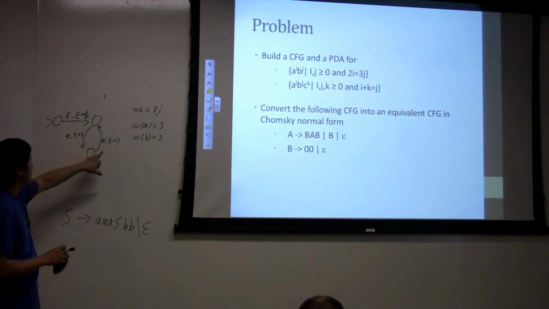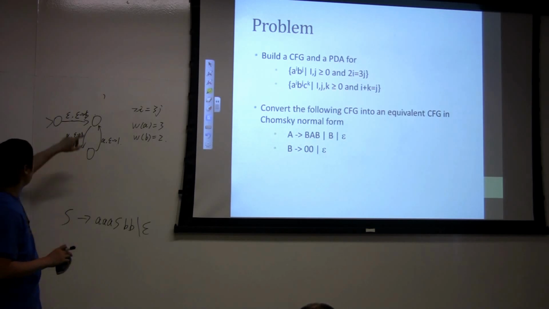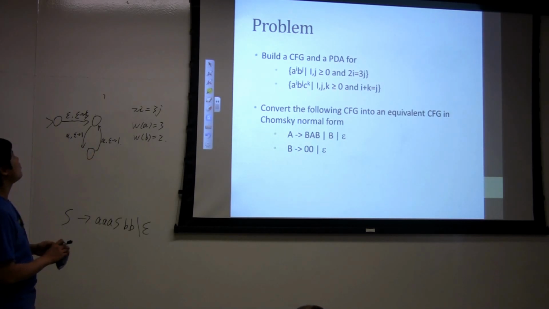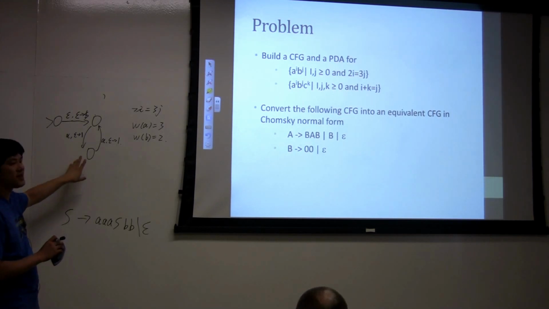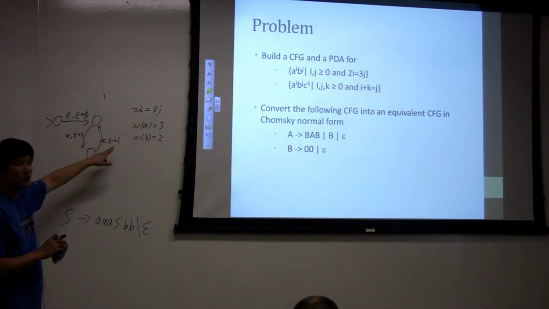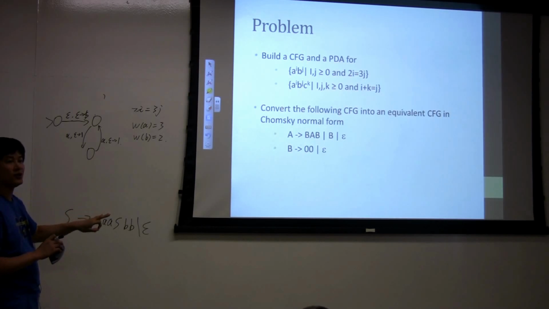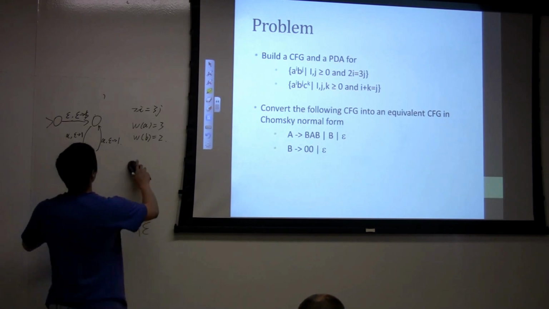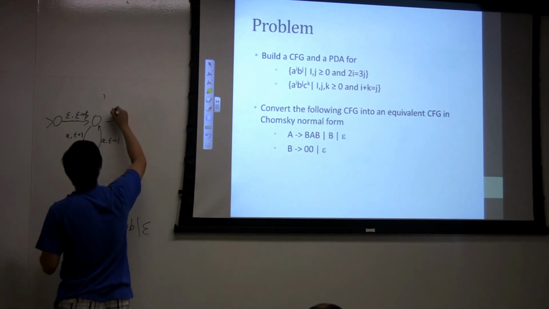So the weight of 2 A's will be equal to the weight of 3 B's, right? So if we read an A, we'll put 2 ones there, remembering that the weight in the stack is 6. If we have 2 ones there, then we must consume 3 B's to eliminate the 2 ones, which will correspond to here.